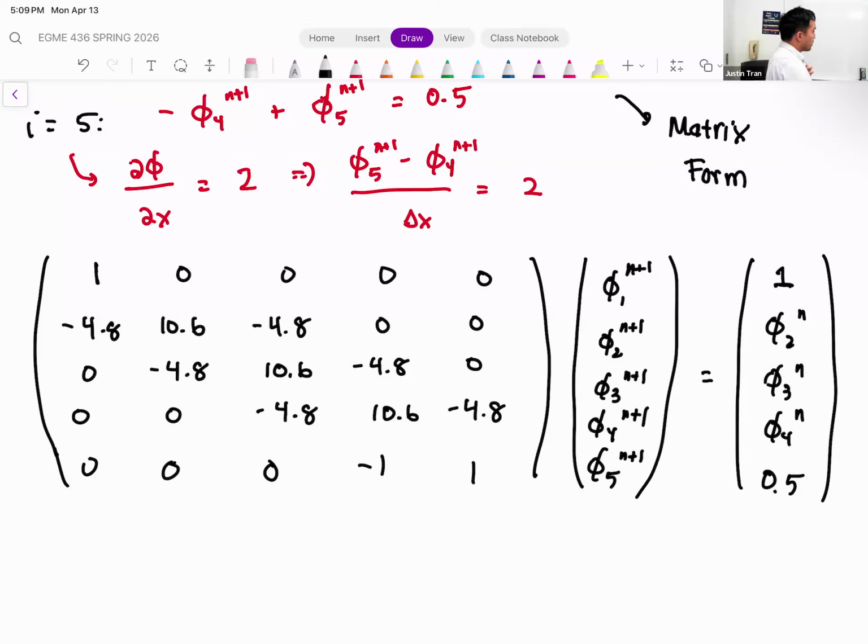This is about as far as you can take it without a calculator or MATLAB to help you. So let's go ahead and put a box around this.